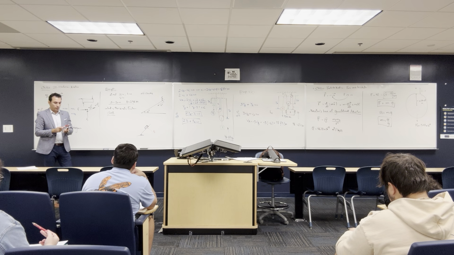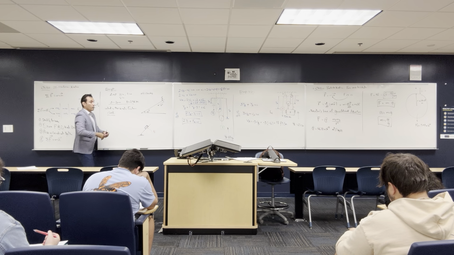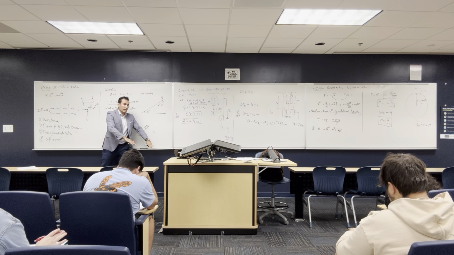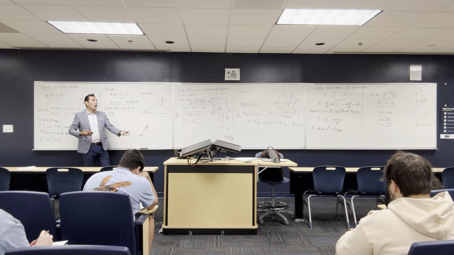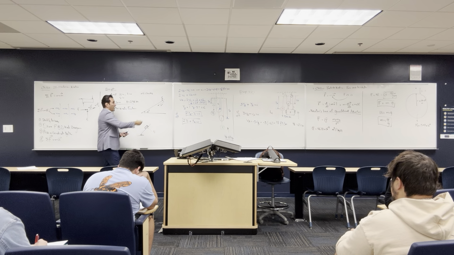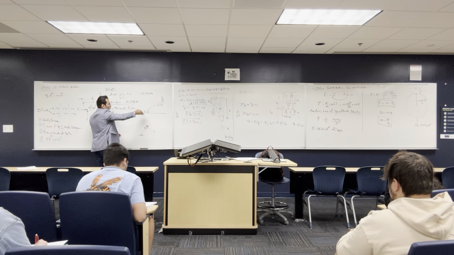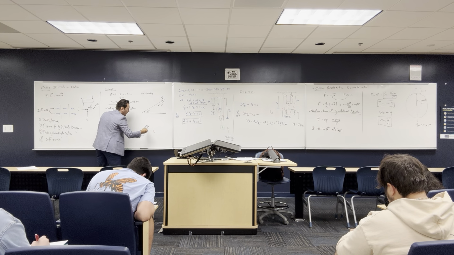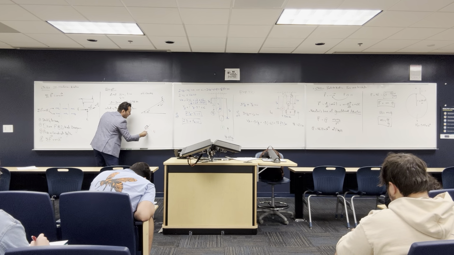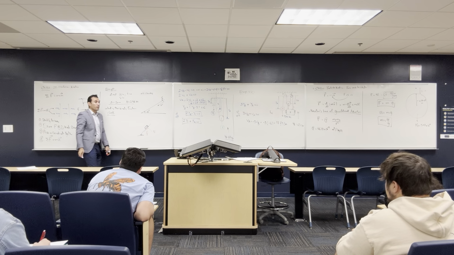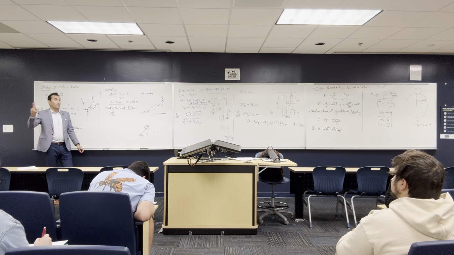What other forces? Friction. Since he is moving down, the friction is always opposite to the direction of the motion. I know it's moving down, that's what the problem says, so the friction is tangent to the surface, opposite to the direction of motion. What other forces?